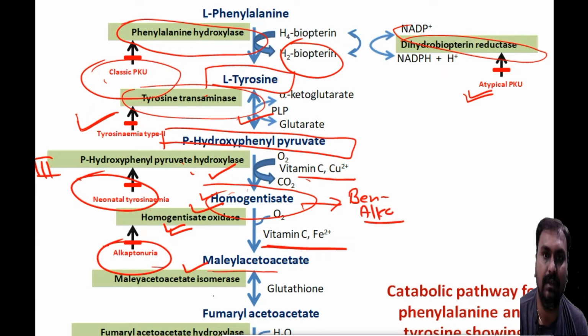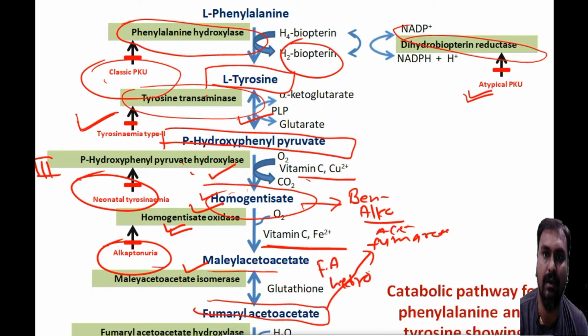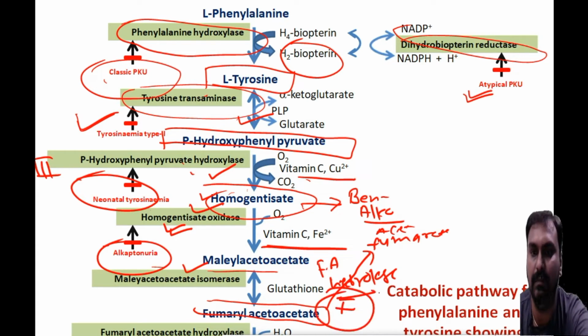This maleylacetoacetate is converted to fumarylacetoacetate with the help of glutathione and isomerase, and this fumarylacetoacetate is converted to fumarate plus acetoacetate. The enzyme is fumarylacetoacetate hydroxylase, and if it is deficient, it leads to type 1 tyrosinemia.